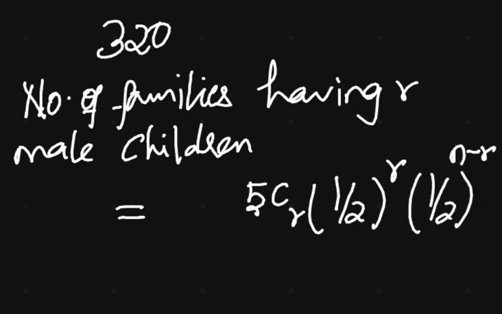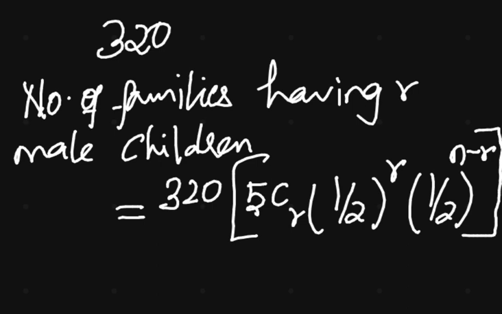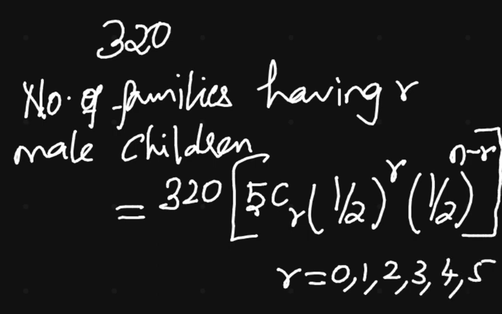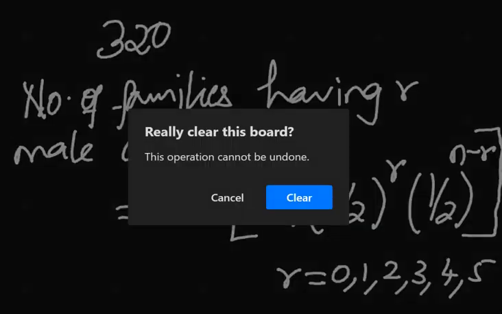This is the probability of getting r male children in a family. But here we are taking 320 families, so you have to multiply this probability by 320, where r can take the value 0, 1, 2, 3, 4, and 5. Is it clear?